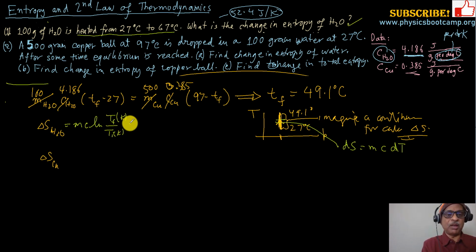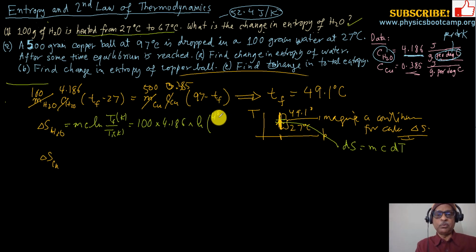Often that's the problem that people work out. So this is 100 times 4.186 times log, and you have 49.1 plus 273, and then you have 27 plus 273. So that's going to be one number.